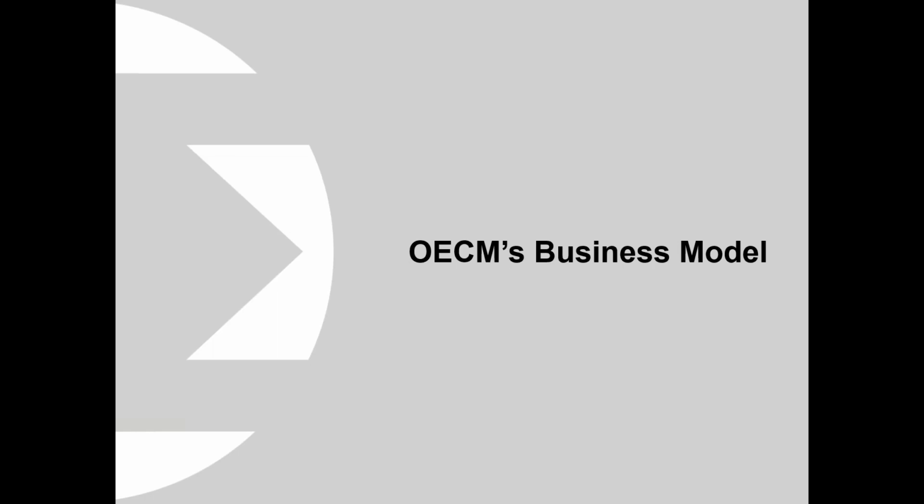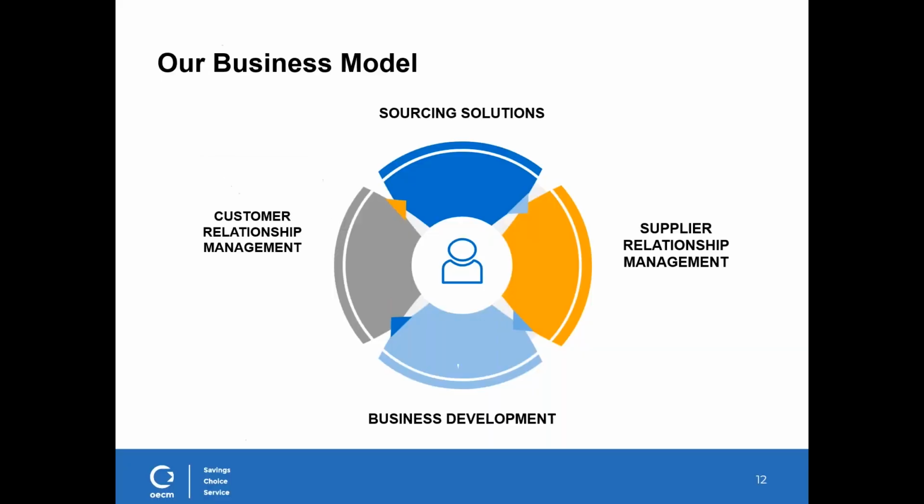So next, we will discuss a bit of detail on how OECM's business model is set up. So OECM has 4 core teams. The first is our sourcing solutions team that handles the procurement process from planning all the way to award. Once the agreement has been awarded, our supplier relationship management team manages the agreements and the relationships with our suppliers, and our dedicated customer relations team is the first point of contact for all customer-related inquiries.